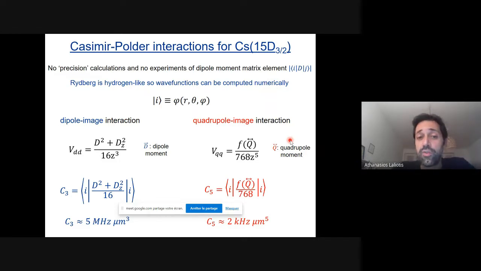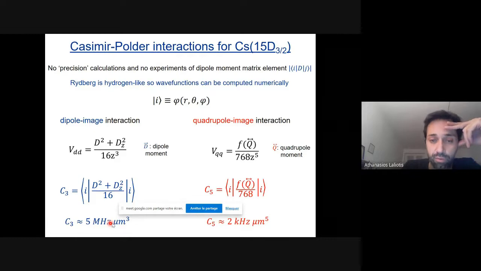So this allows us to calculate the wave functions. And when you have access to the wave function, you can calculate the C3 coefficient by calculating the average value of d squared, since you know the wave functions. All right. And this gives us an estimated value, obviously, which is faithful to the scaling law that I mentioned before, that gives you 5 megahertz micron cube.